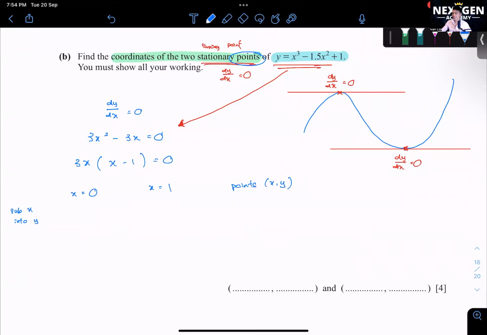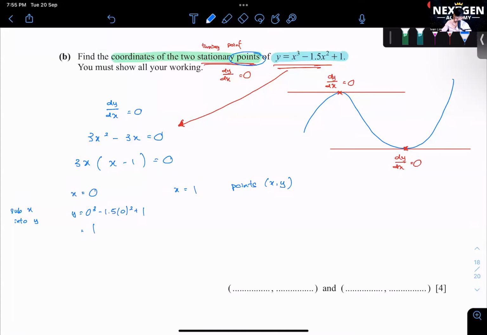Okay, so anyway, when x equals 0 and x equals 1, sub into this equation again. y equals x cubed minus 1.5x squared plus 1. So y equals 0 cubed minus 1.5 times 0 squared plus 1. This you'll get 1.